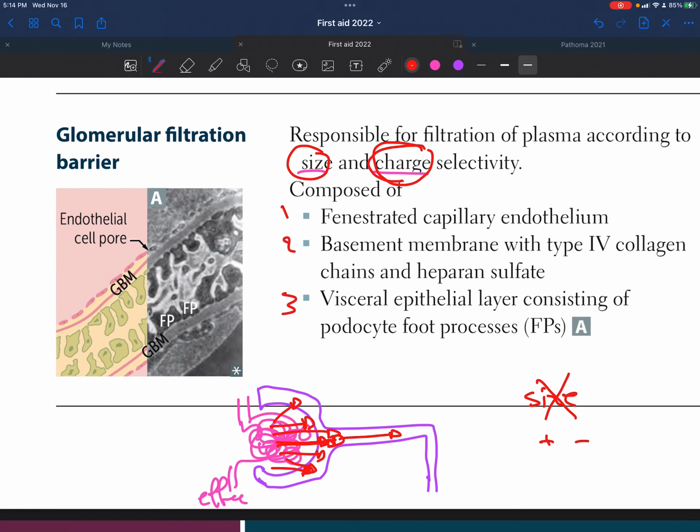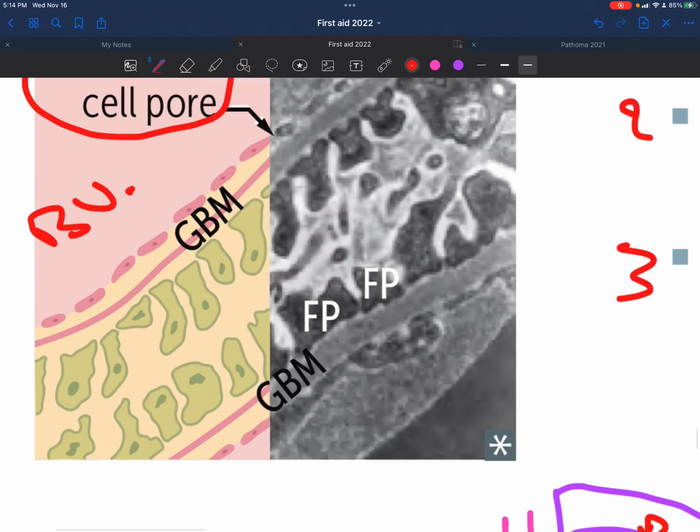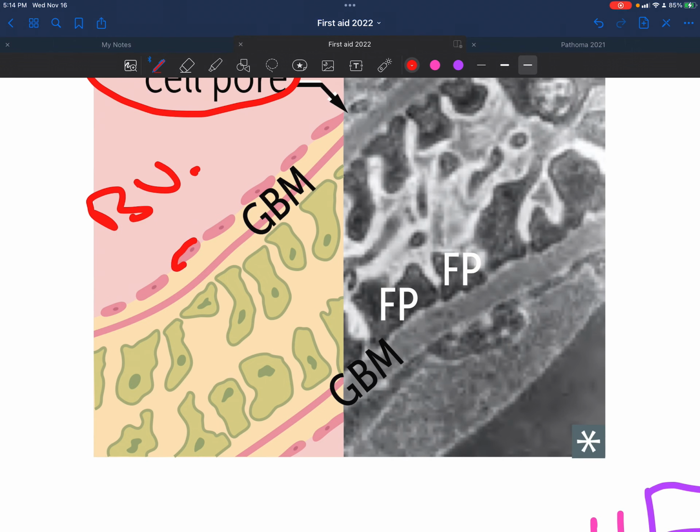The first one is the fenestrated capillary endothelium. Over here we have endothelium, which means this is a blood vessel. The pink thing is a blood vessel, and its wall consists of these tiny endothelial cells.